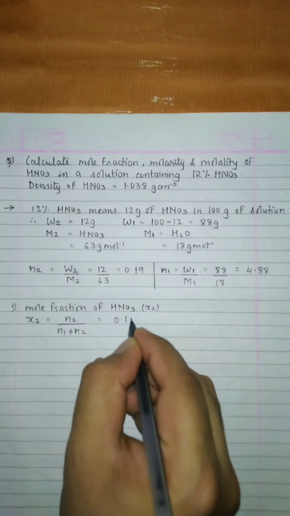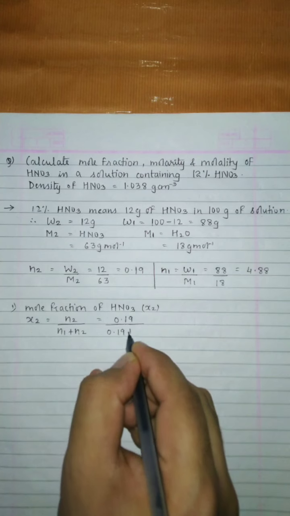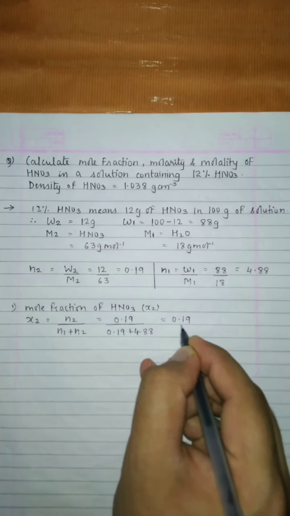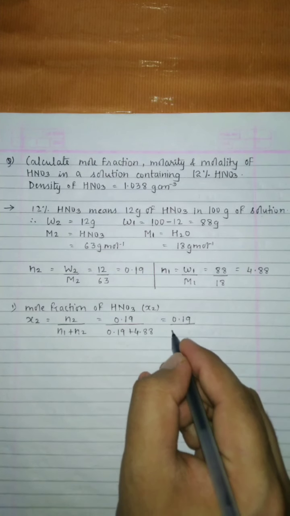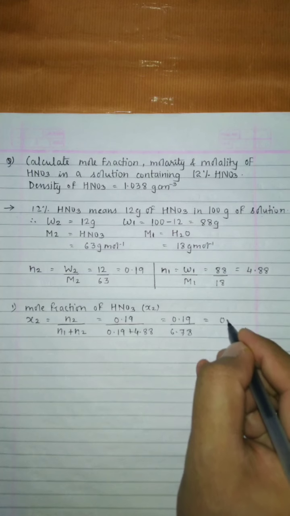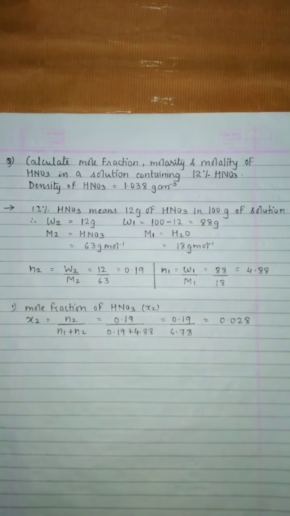N2 is 0.19 upon 0.19 plus 4.88, which is equal to 0.19 upon 6.78, and when you do this calculation it will come equal to 0.028. So mole fraction of HNO3 is 0.028.